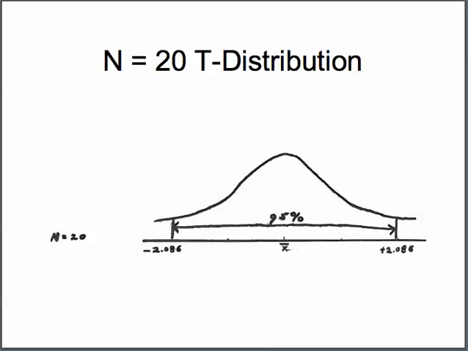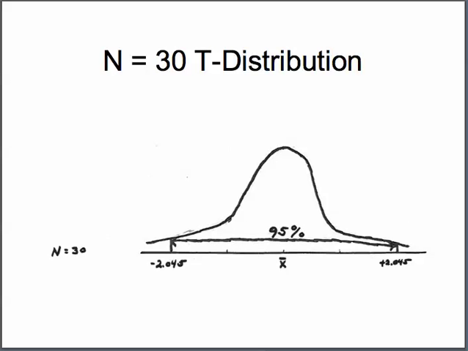With n equal to 20, 95% of all observations are within 2.086 standard deviation units of the mean value. And with n equal to 30, of course, 95% of all observations are within 2.04 standard deviation units of the mean, or in rounding terms, 2 standard deviation units from the mean value.